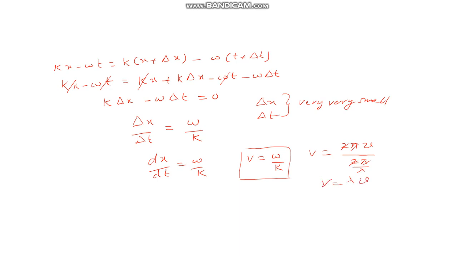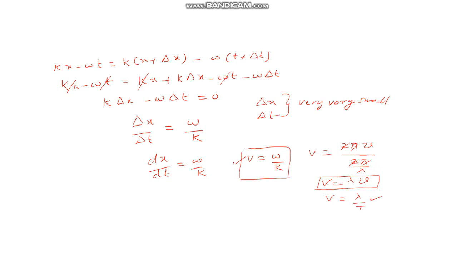So v is equal to lambda mu is the formula to calculate the wave speed. You can also write it as lambda by T, because 1 by T is equal to mu. Write it this way or this way. These are the formulas to calculate the wave speed of a traveling wave.